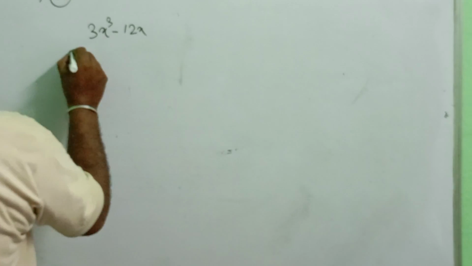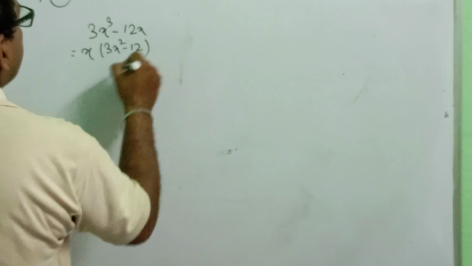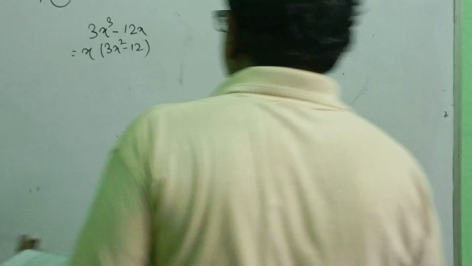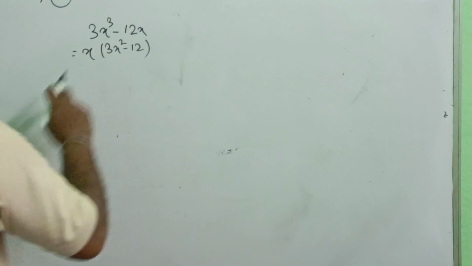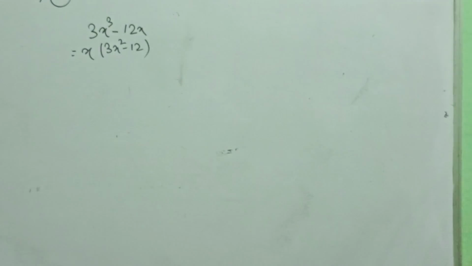So what we have to do? 3x square minus 12. Now this one is given. Now we have to factorize this. That is 3x square minus 12. Now this is a quadratic polynomial.